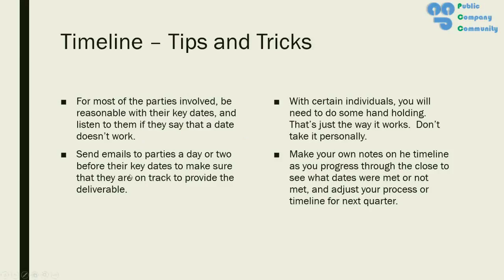With that said, don't agree to any dates that are going to jeopardize your filing date. Send emails to parties a day or two in advance ahead of key milestones. Figure out which individuals need more and less hand-holding. And then make your own notes of the timeline of when dates actually happened, and figure out if you need to adjust future quarter timelines.